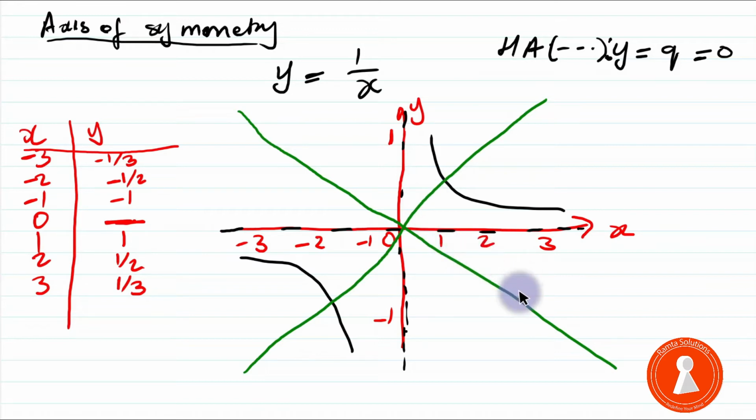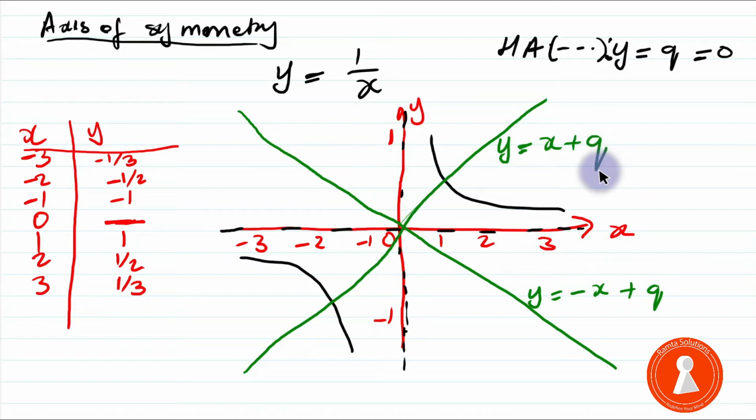So we can basically say the axis of symmetry has two straight lines. One of the straight lines is y equals negative x plus q. And the other is y equals positive x plus q. It's a straight line with a positive gradient.